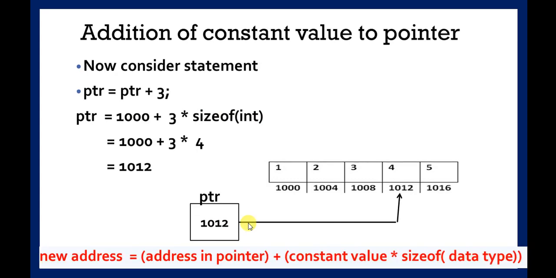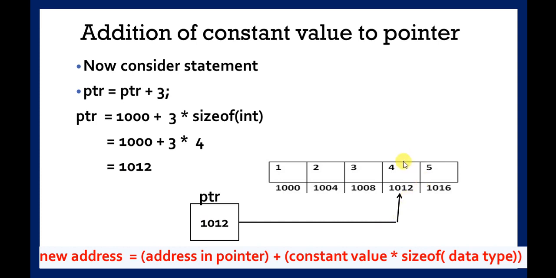Now if I add a constant value 3 to a pointer, what will happen? It means the pointer will move in the forward direction 3 numbers ahead. Now one integer requires 4 bytes. So 3 into size of int will be what? 12. So the pointer will move from the current location 12 bytes ahead. So now PTR will point to location a[3], that is the value 4.